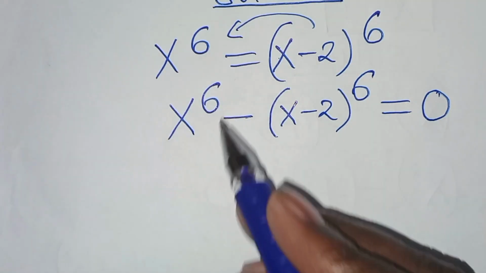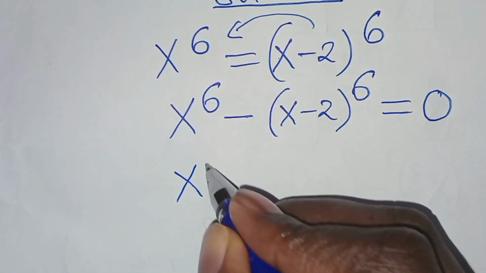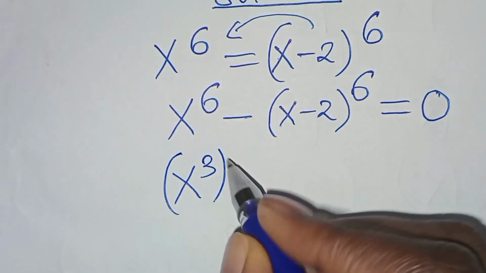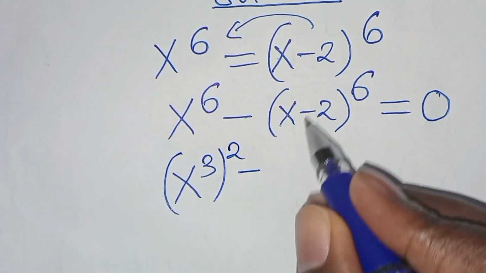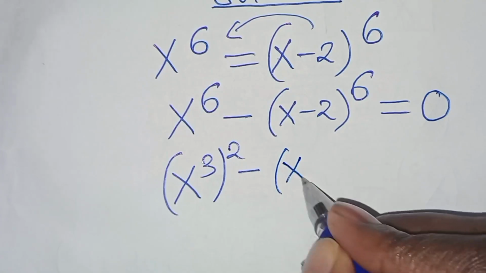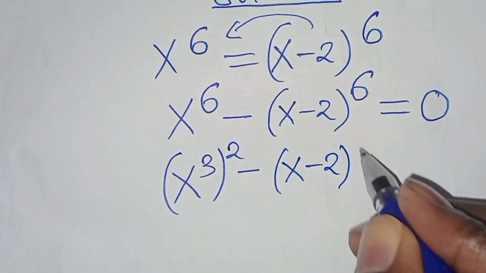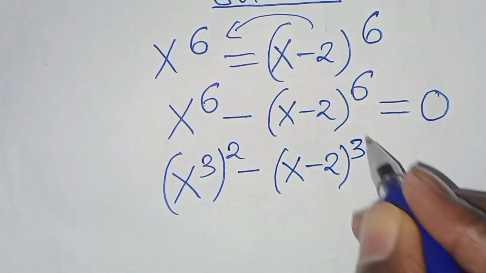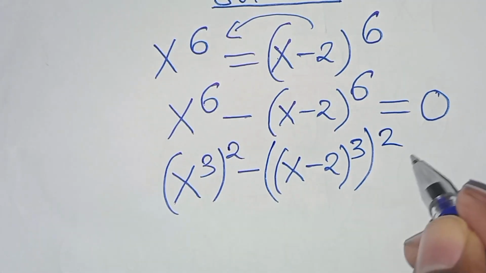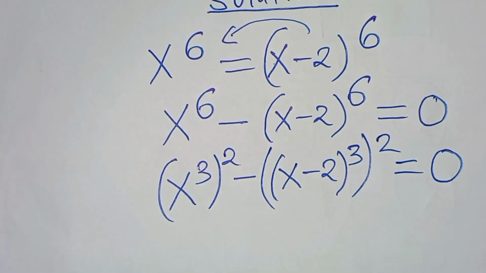We can express x to the power 6 as (x to the power 3) raised to the power 2, and (x minus 2) to the power 6 as ((x minus 2) to the power 3) raised to the power 2. This is equal to 0.